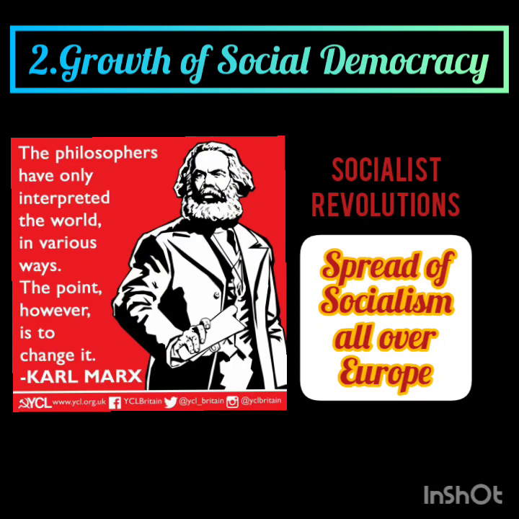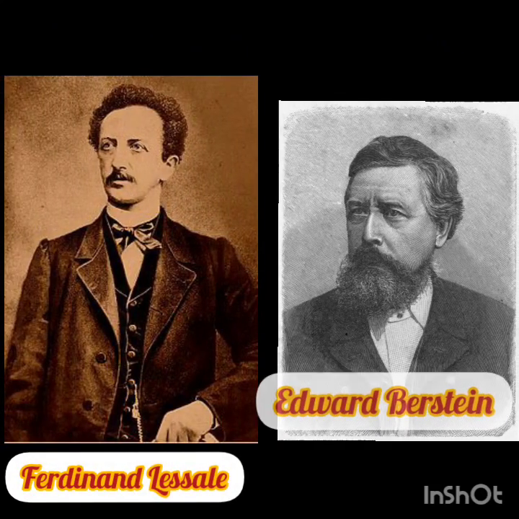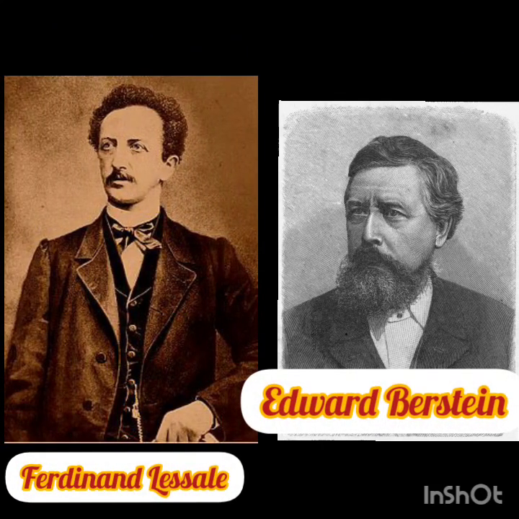In Germany, a strong socialist movement grew up in the last quarter of the 19th century. The prominent leaders were Ferdinand Lassalle and Edward Bernstein, who believed that the socialist goals could be attained through the parliamentary democratic process, not on violent revolution alone.